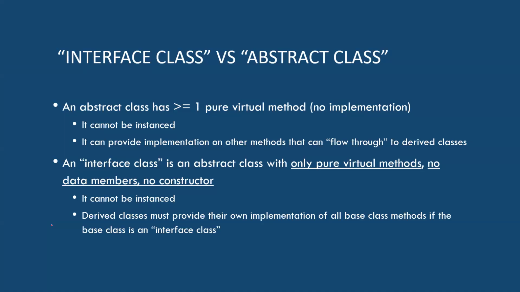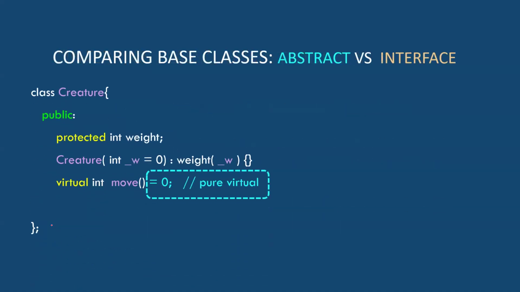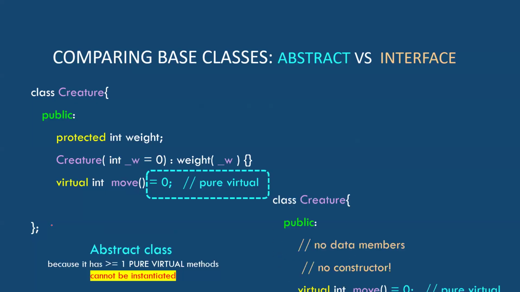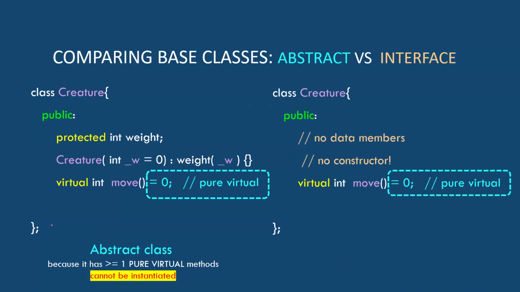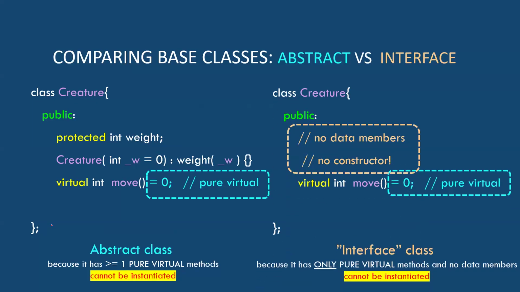It's like, hey, I'm just telling you what your methods are going to be. You get to decide what your data members are and how your class gets constructed. So it's even a little more hands-off. It's still like a blueprint thing, right? So here's our abstract class, and there is our interface class.